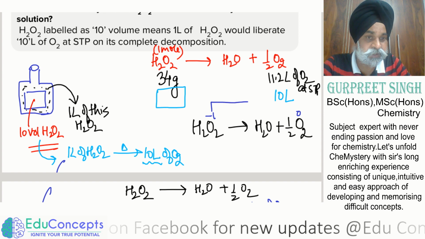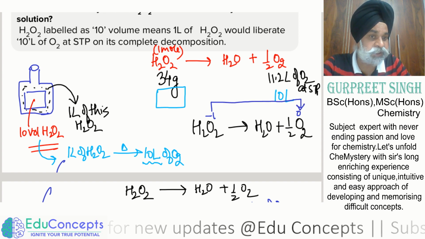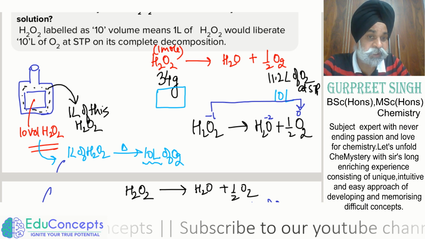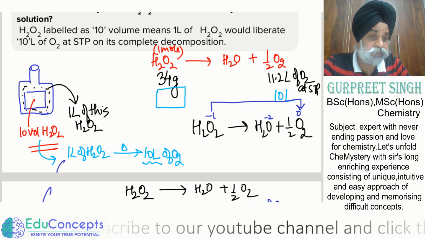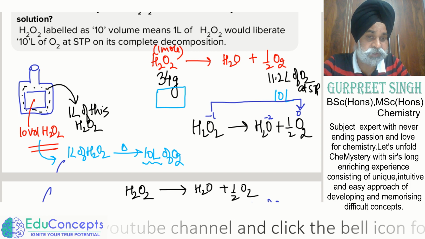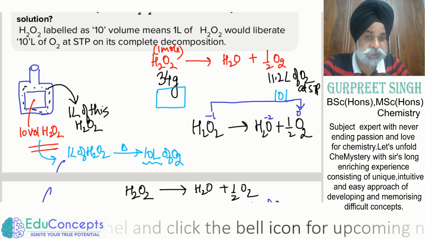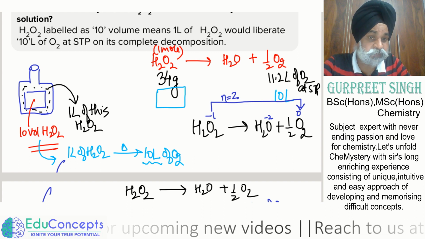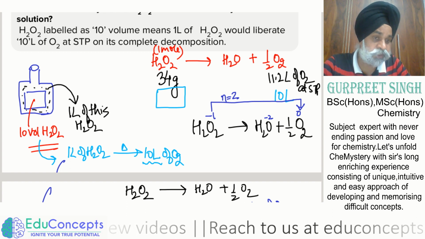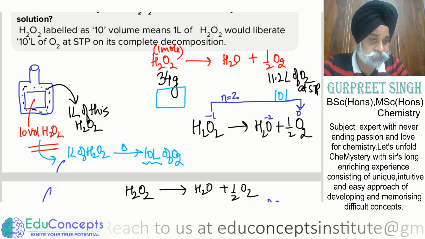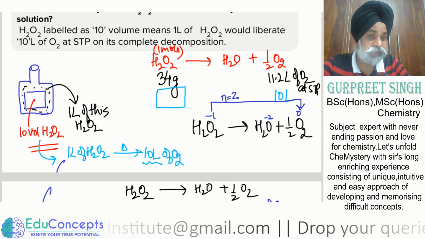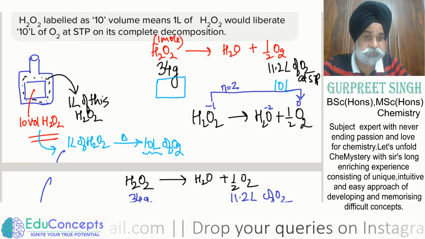So in this particular case I am referring to this reaction only. I am not talking of -1 से ये -2 पे भी जा रहा है, but here I am only concerned about how much oxygen it is producing from this side. So considering that, I would say its n factor is 2. It is 2 oxygens of -1 oxidation state. Both of them are going to a 0 oxidation state. So we will say it would have n factor 2.